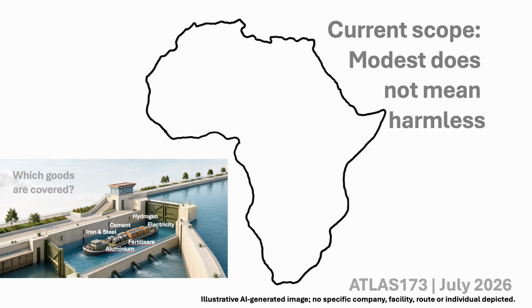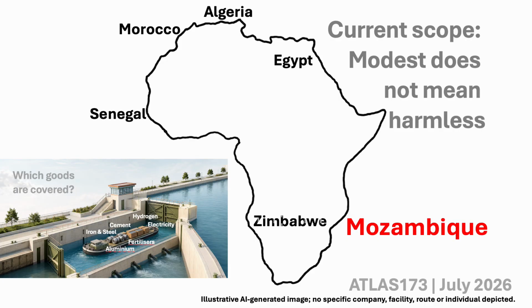So aggregate GDP figures can be misleading, because the producers of aluminium, iron and steel, cement and fertilizers may experience much stronger competitive pressure, particularly where production is emissions intensive or exports are heavily concentrated towards Europe.